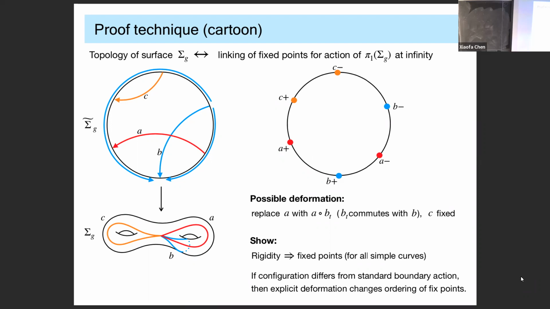And you show very carefully that if the configuration happens to differ anywhere from the standard boundary one, like perhaps this B plus was not here but over there, then you can do by hand a deformation exactly like this, an algebraic looking one, that will change the configuration of fixed points. So B plus happened to be over here. Doing exactly this would move A, I'd be able to move it far enough to live with C. And so I guess that's the converse, saying that if you're not the boundary action, then you're not rigid.